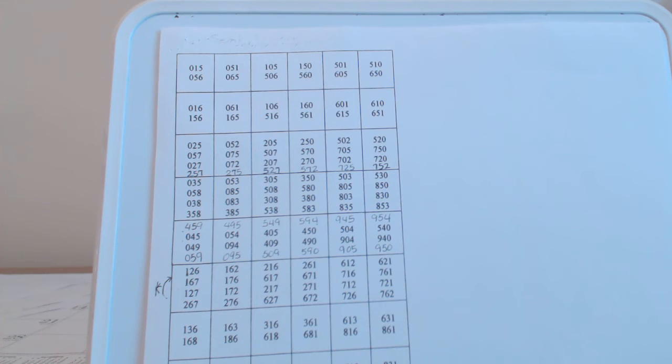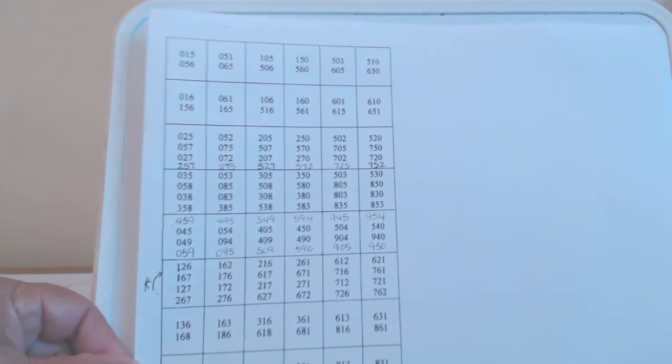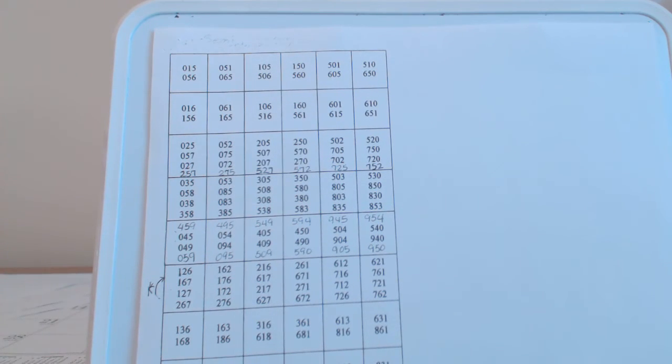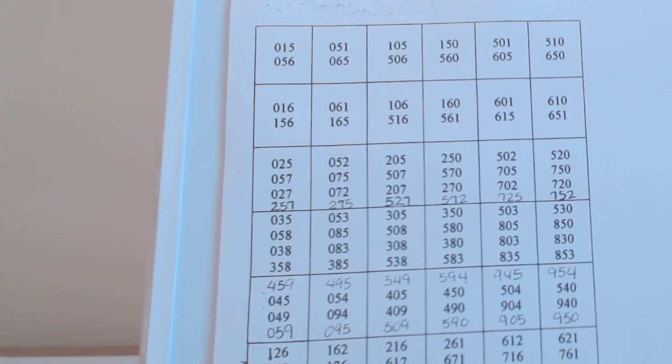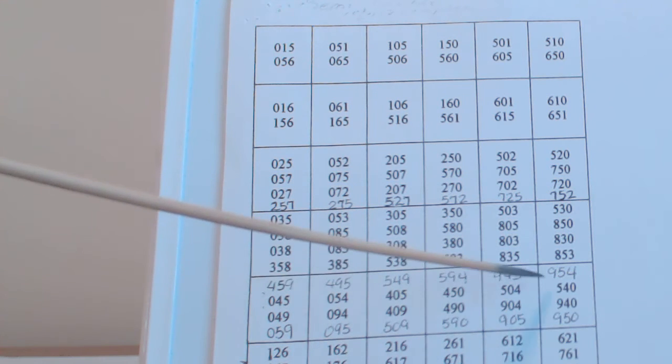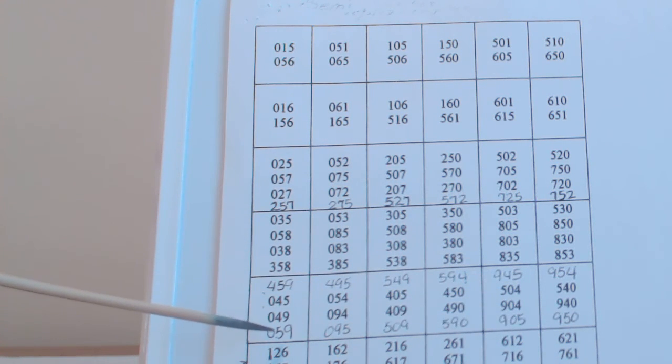I'm going to have to zoom this up because some of the numbers I wrote in, and you're going to have a problem if I don't zoom in. With the 045 family, 049 and 059, and then we get the 459. This is a complete family here, just as well as these two numbers.